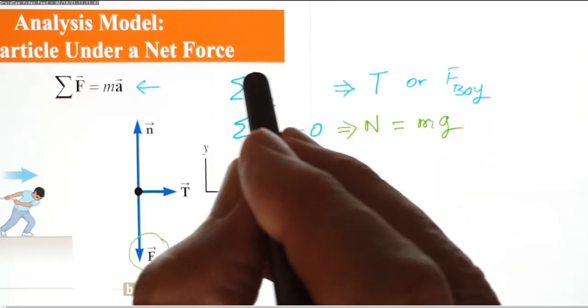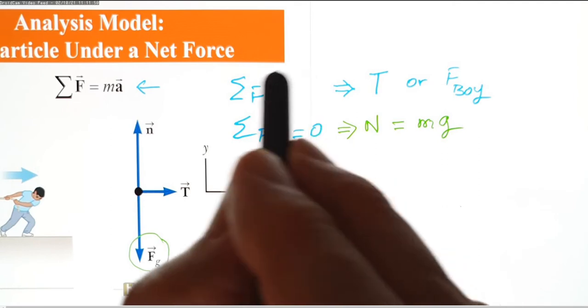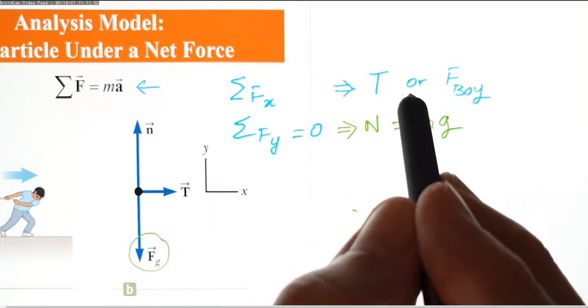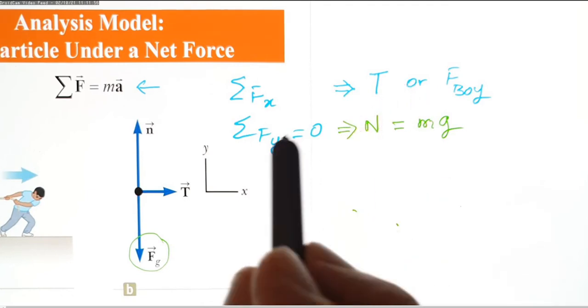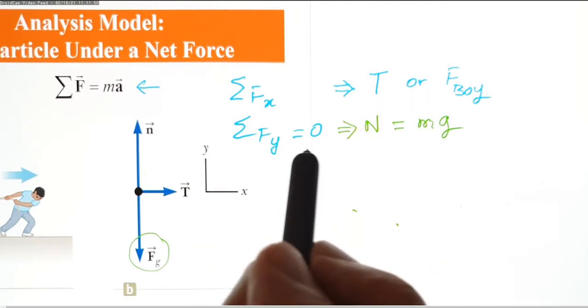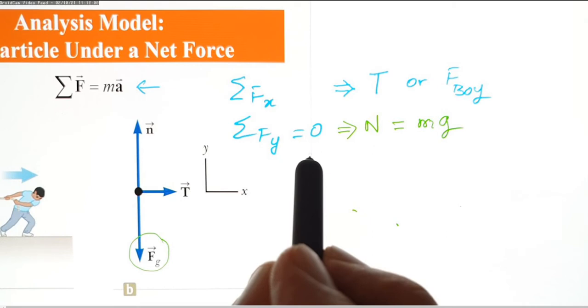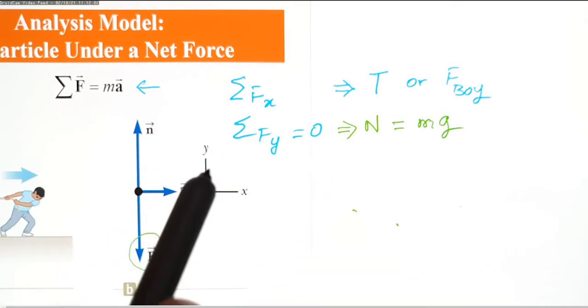We analyze forces in X, analyze forces in Y. In X, we have a net force, and it will cause F is equal ma. And in the Y-axis, because it's not moving, summation of forces is equal 0. Well done, Dawood. Thanks.